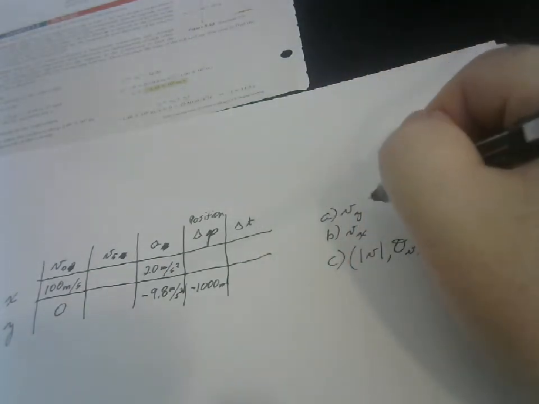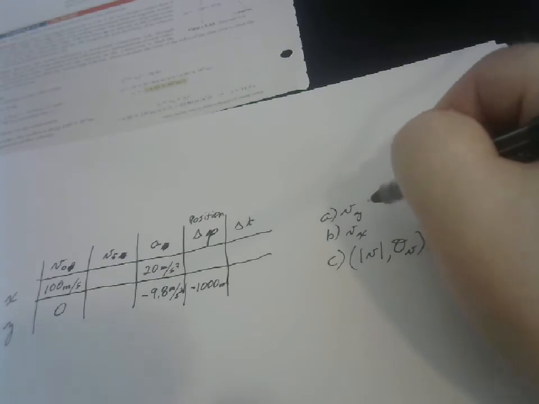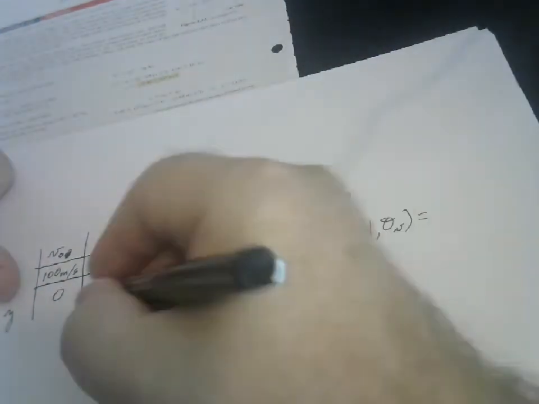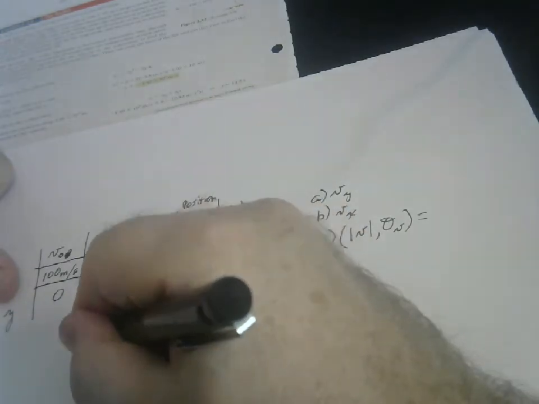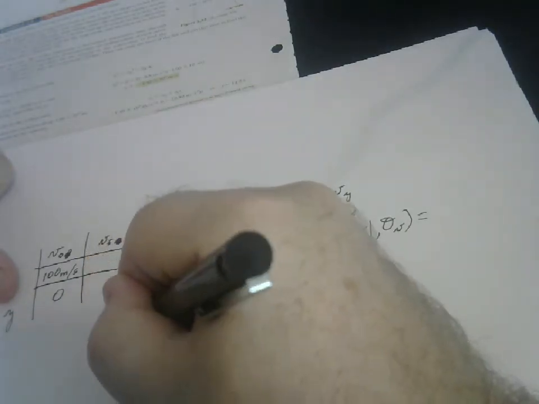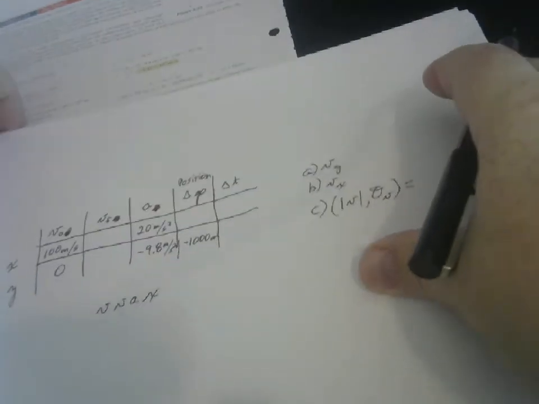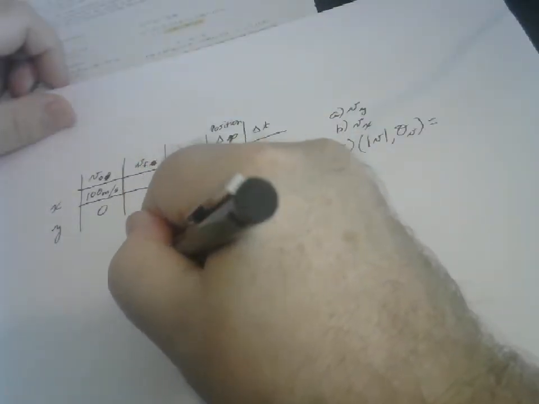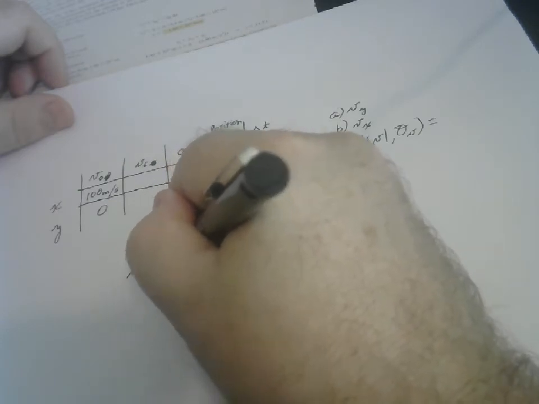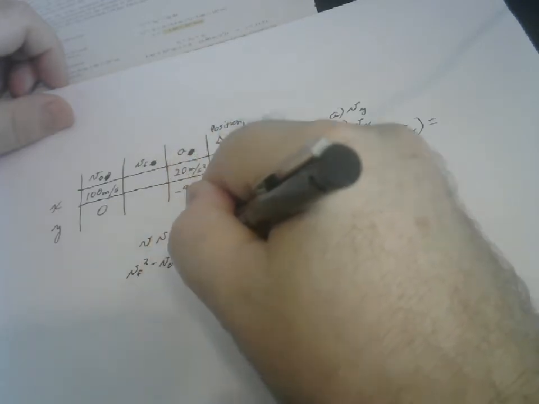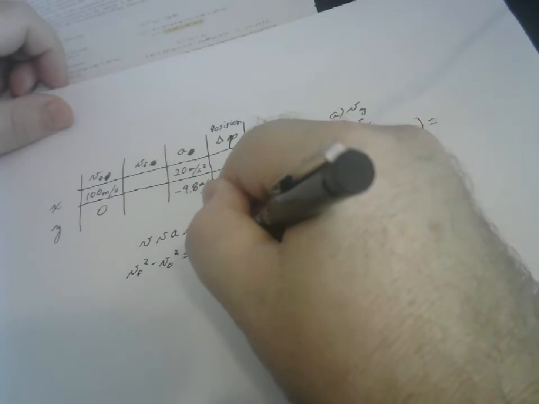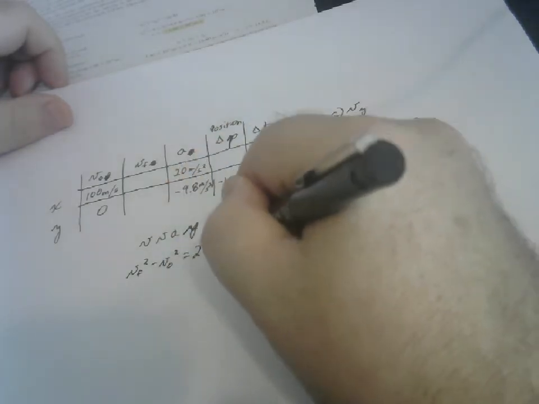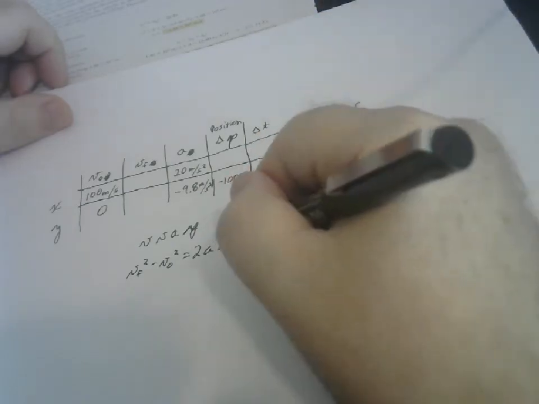So let's find the final y velocity first, which is going to be based on the v squared equation, which says v final squared minus v initial squared equals 2a delta, and we'll change this to a y, or delta p sub y.